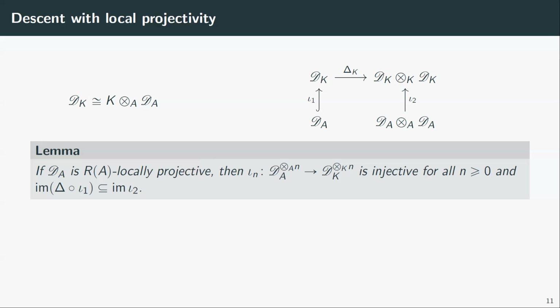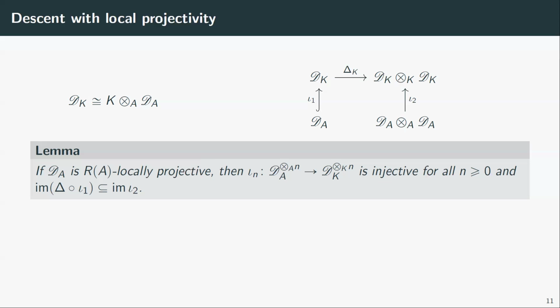Using the previous lemma, I have that the image of iota 2 are those differential operators such that when I evaluate them, the result lies in A for any A in O. Now I choose an element D in dA, and I want to know whether its co-multiplication D1 tensor D2 lies in here.